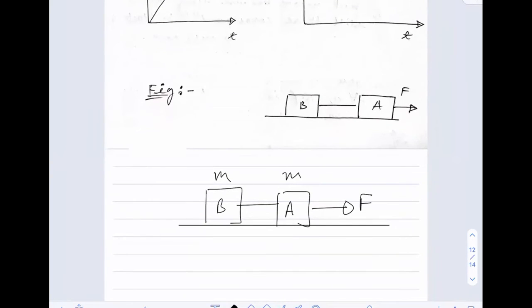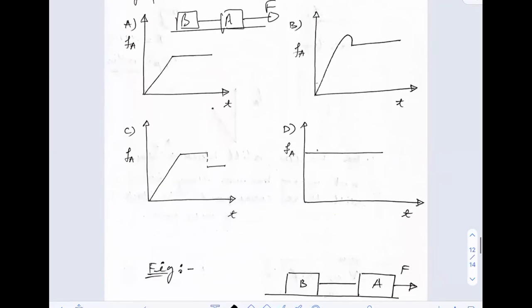What will happen here is that this force F has to first overcome mu mg that is offered by A. So from 0 to mu mg, this friction force will increase linearly.